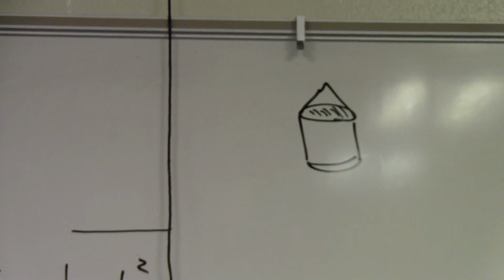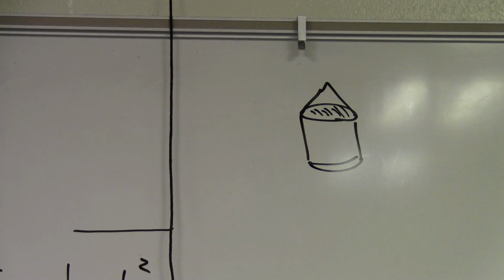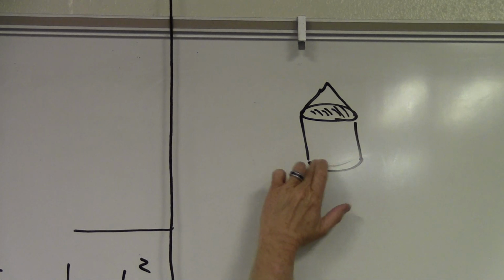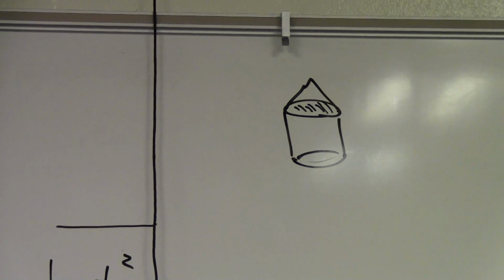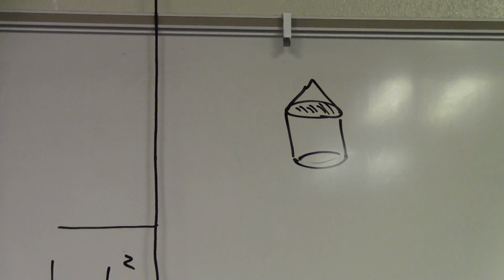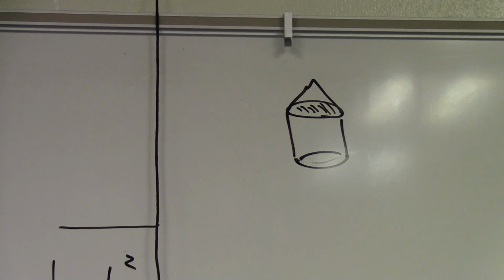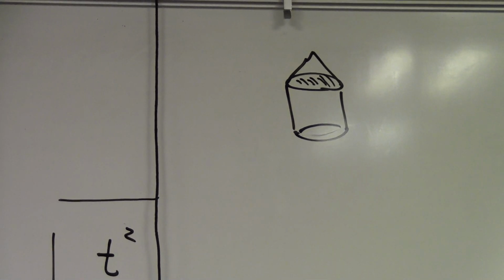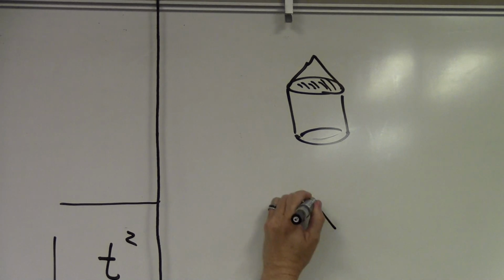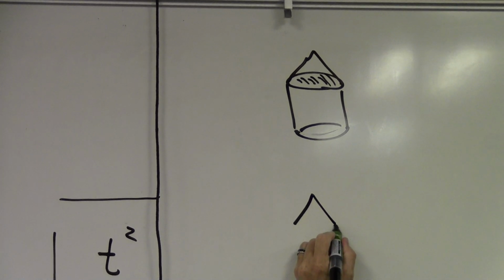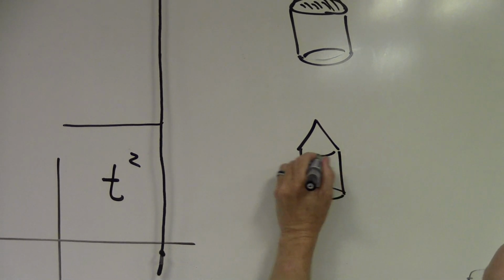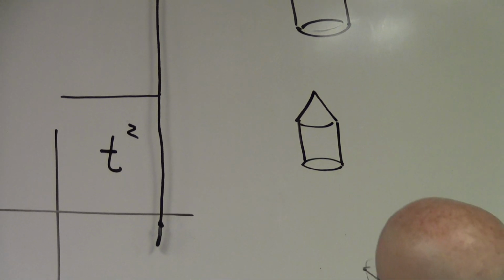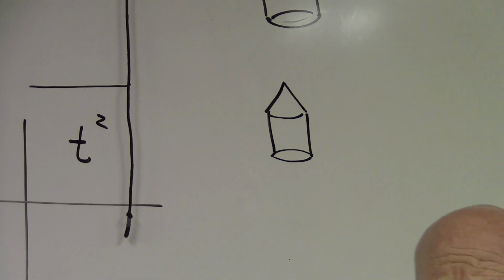I'll make it a cylinder. I'm trying to remember what our object looked like. I think it's pointy on one end, and then it's a cylinder down here. Something like that. It really doesn't matter what we have.